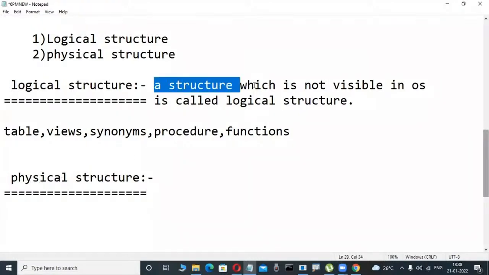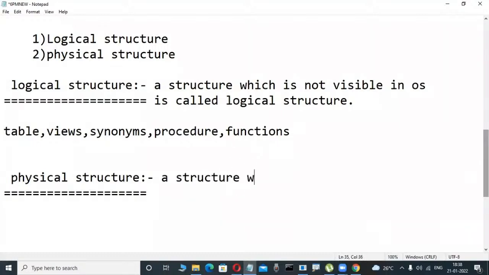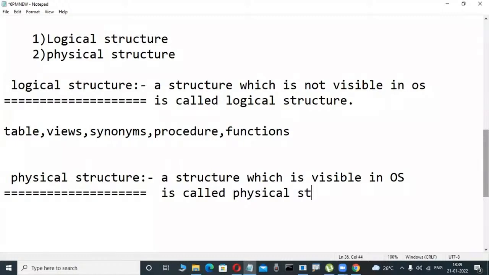This is the opposite only: a structure which is visible in the operating system, in OS, is called a physical structure. Who are the persons working in this physical structure? Observe it here. It's a big concept, I'm telling only the definition side.